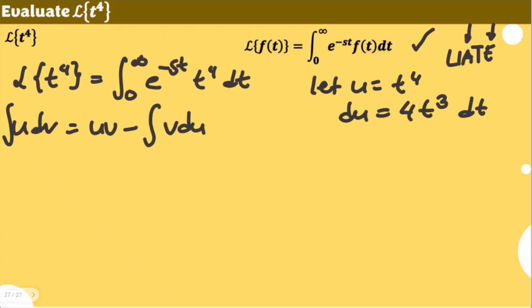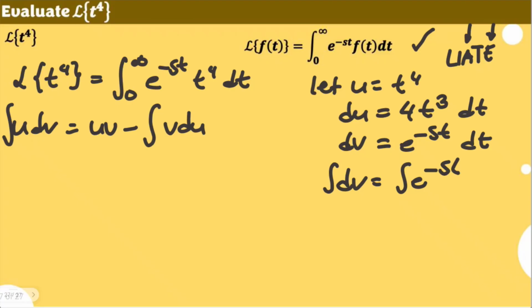So we need to use our dv to get our v. If we pick t to the power 4 as u, our dv is e to the power of negative st dt. By integrating both sides, the integral of e to the power of negative st dt gives v. To integrate, you need the factor negative s, a constant, because we're just integrating in terms of t.